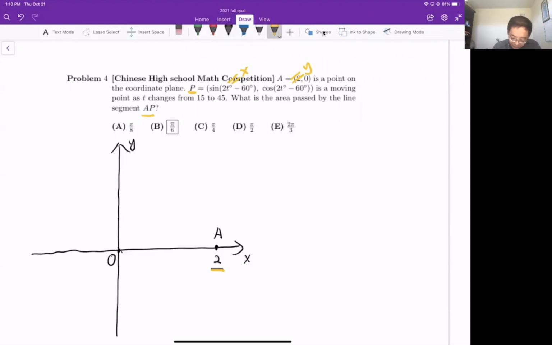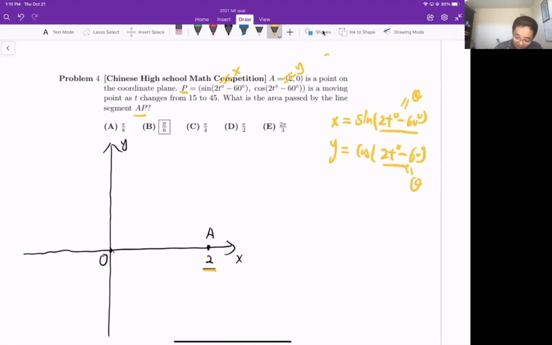Okay, first of all, let's identify where the point P is. Here the x coordinate is sine(2t minus 60), and y is cosine(2t minus 60). So it's a sine and a cosine of the same angle, let's say theta. And we have the basic identity: sine squared theta plus cosine squared theta equals 1.